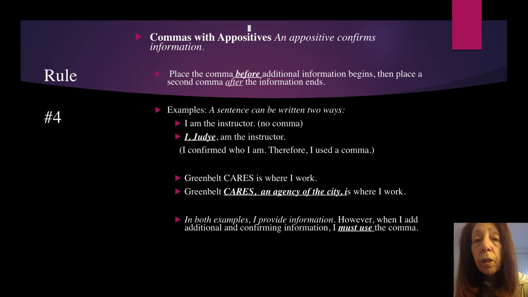I, comma, Judy, I'm your instructor. Because I am repeating the information, we have to set it off with a comma. I, comma, Judy, comma, I'm your instructor. That's the way we write it.